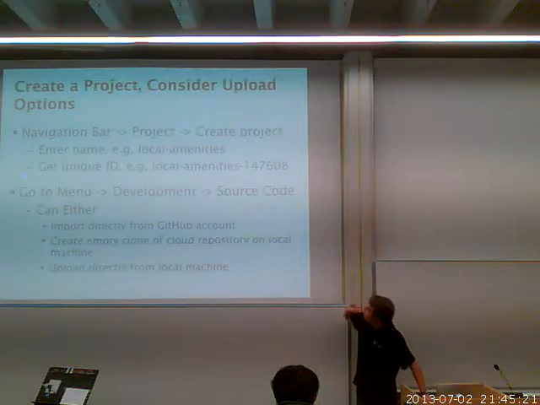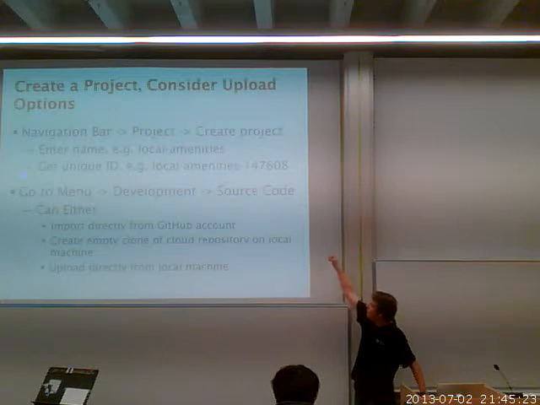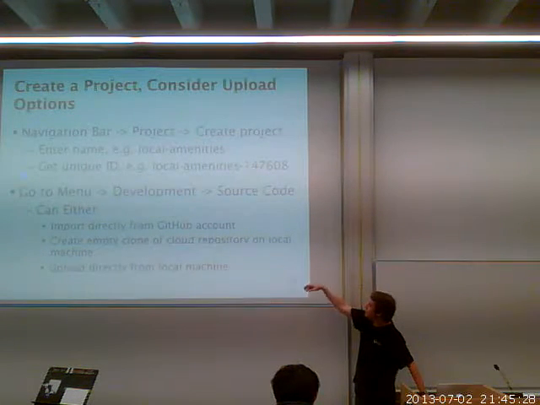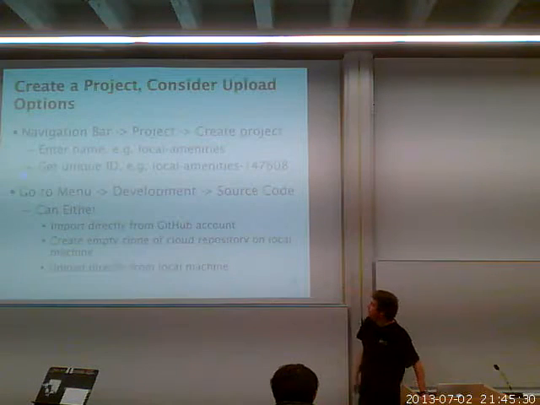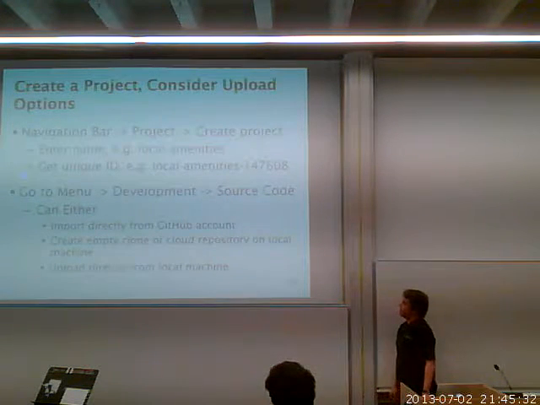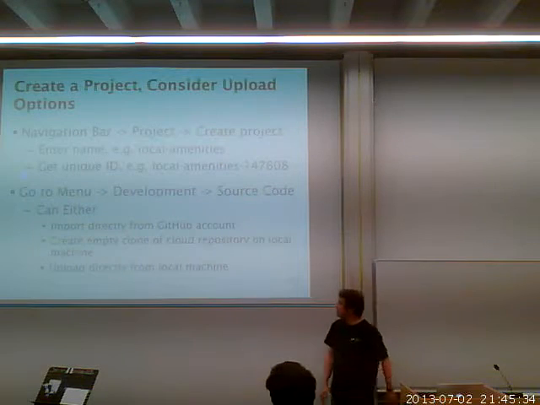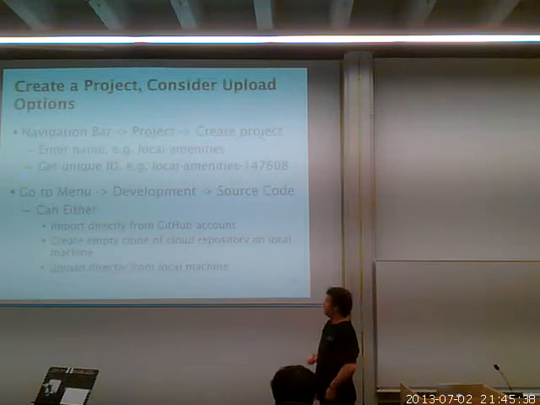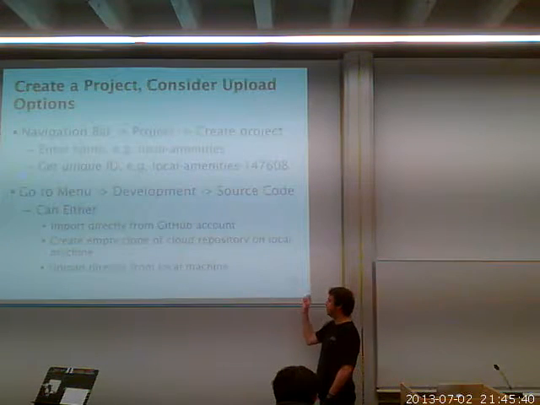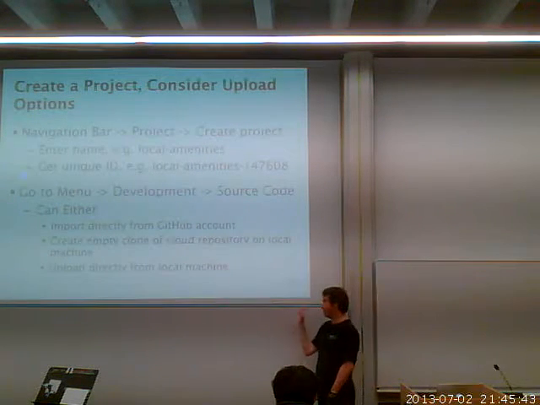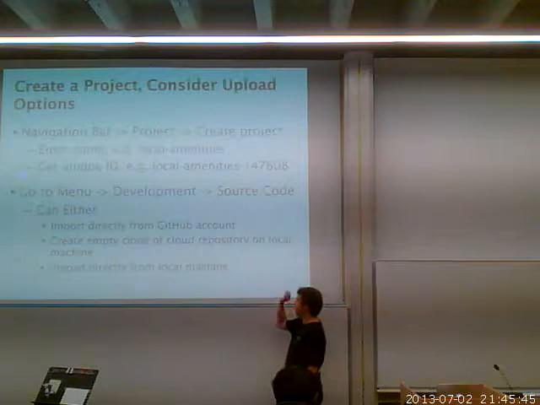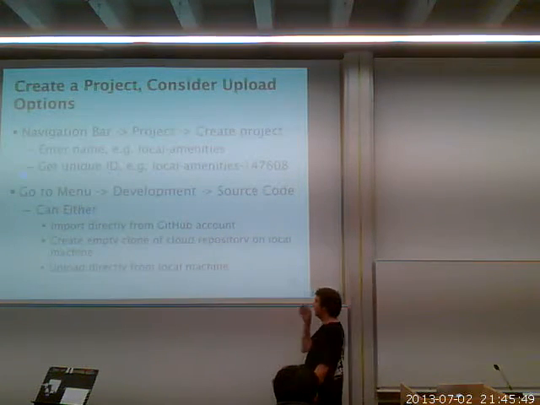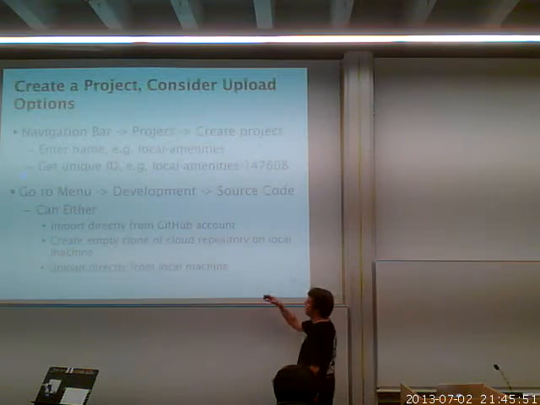You can specify a name, but you will get a unique ID, which is completely unique to the project. And then you have a number of choices for how you upload your source code into Google App Engine. You can import directly from your GitHub account, so you can log into GitHub via Google Cloud Platform, and then take all the code directly from that and put it into a bucket in Google App Engine.